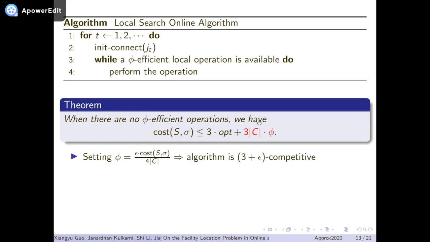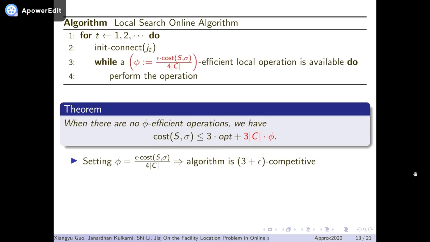Then the right-hand side of this inequality turns out to be 3 plus epsilon multiplied by OPT. That means when we apply the phi efficient local operations until no such operation is available, then the current solution is a 3 plus epsilon approximation. Here we reach our first goal to maintain a constant competitive ratio.